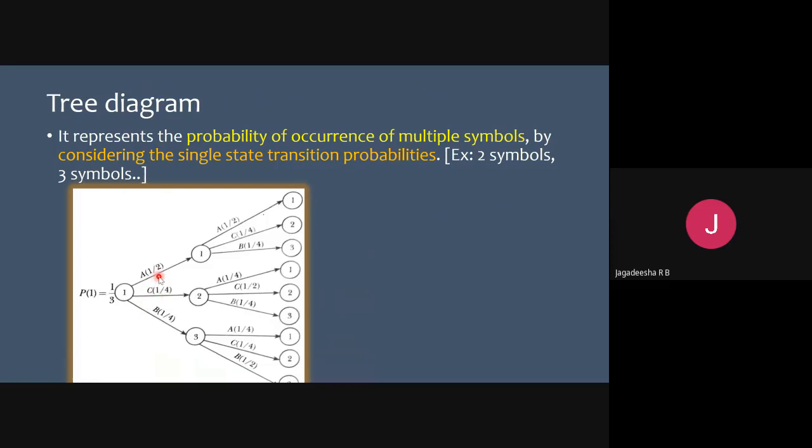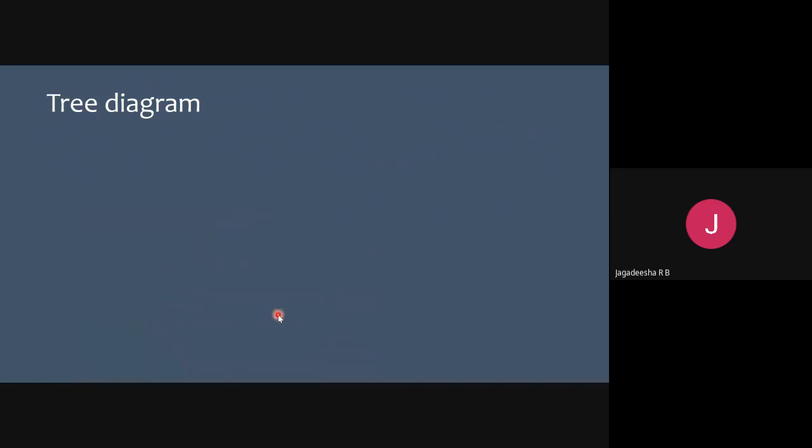Okay, now we will see the next part. Suppose the initial state was 1 and now it has arrived at state 2. From state 2, what are the different possibilities? From state 2, again, it may go to state 1, or it may go to state 2, or it may go to state 3. Then what happens? Can we refer back to the previous diagram? Yes, here.